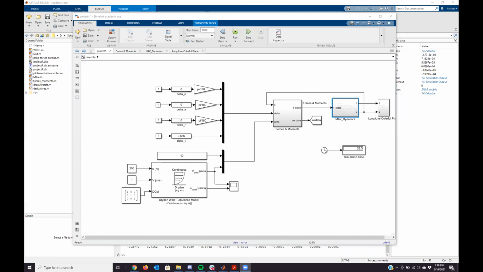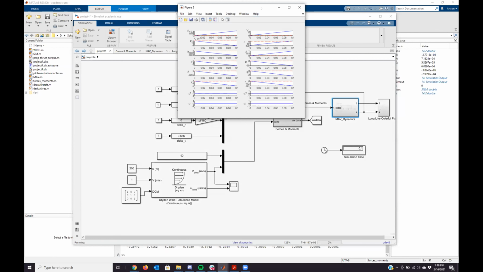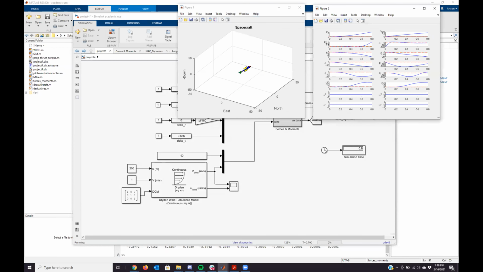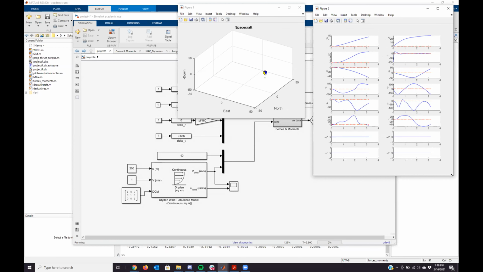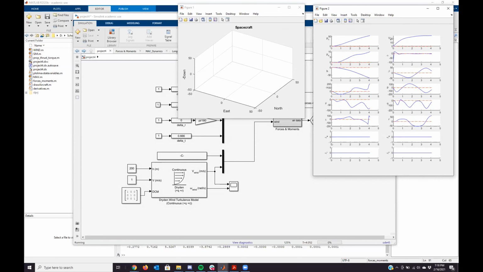When I run it, my aircraft is unstable. The parameters that I've pulled were from Appendix E, and I've been playing around with it, but it continues to be unstable.